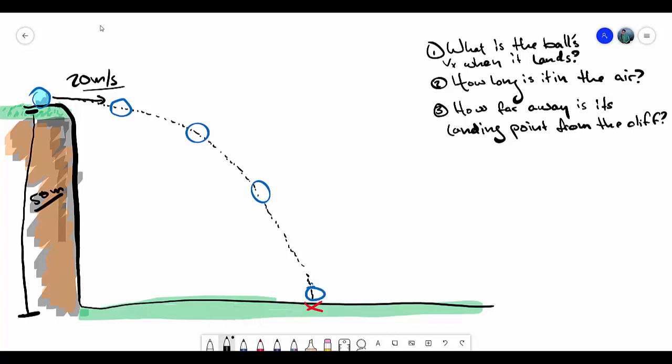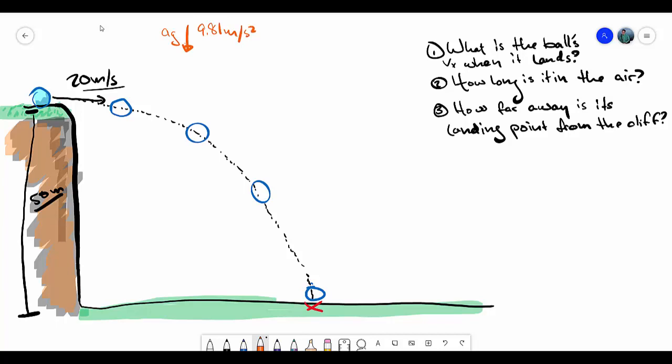So remember, gravity kind of looks like this. The acceleration of gravity is going to pull this ball down at a rate of 9.81 meters per second squared.